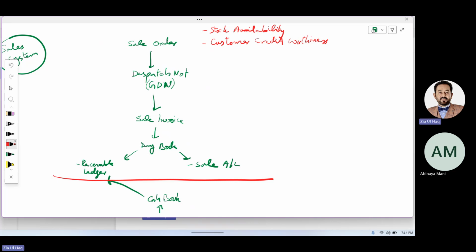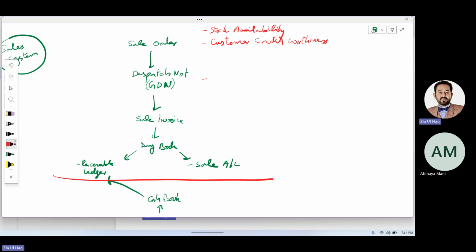Or we can ask credit rating agencies like banks about the credit worthiness of the customer. So while receiving orders, what are the controls, policies, procedures? We need to check stock availability and we need to check customer credit worthiness.